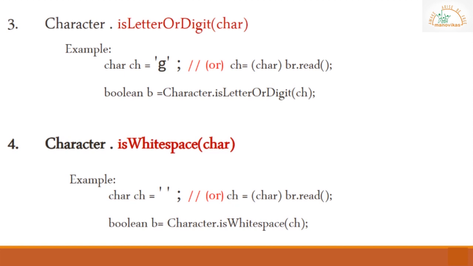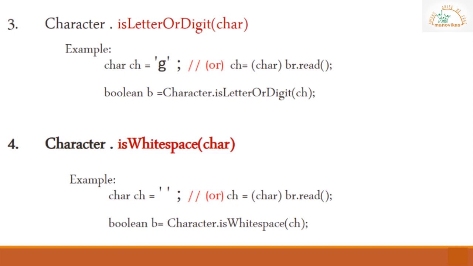See, three functions we have seen. In all the functions, the very first letter is in small letter, and from the second word, the first letter begins with uppercase. Please remember this format. If you write a different letter or a different case of letter, you will get an error message in your code.